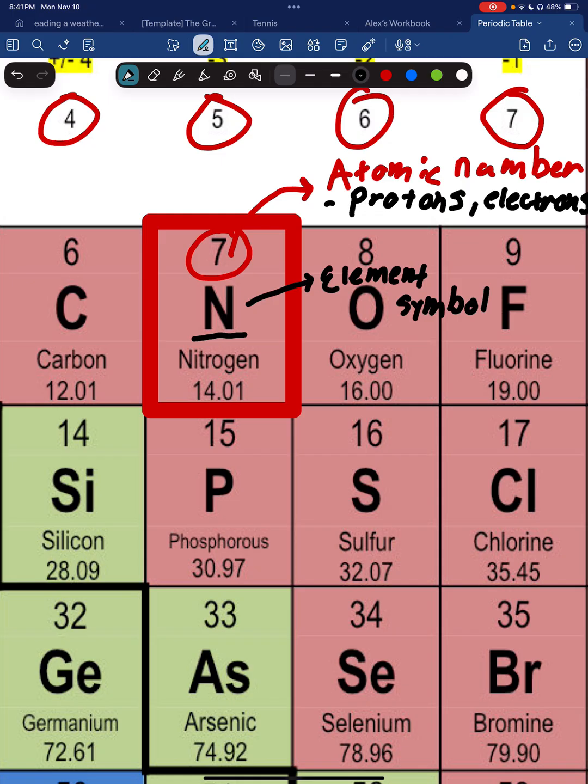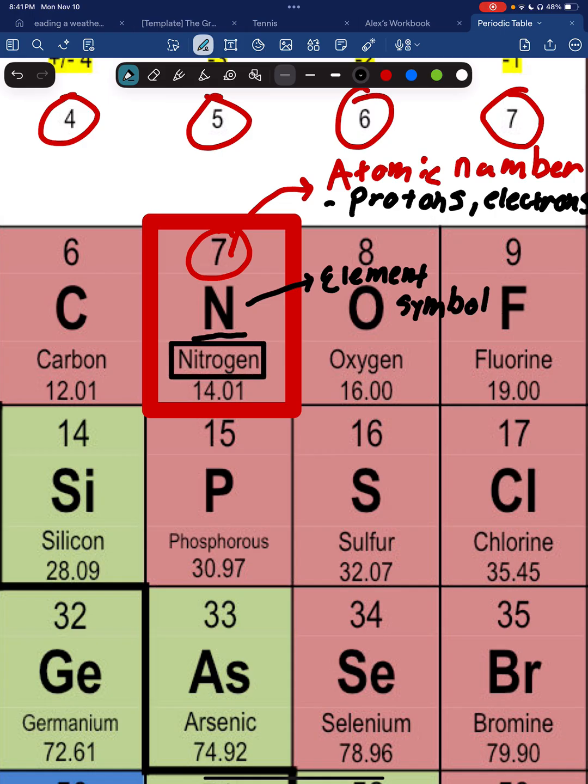Scientists think really fast, but they're also lazy and efficient, so they want to shorten things up as much as they possibly can. So they give things symbols. This N stands for nitrogen. And here is the word nitrogen below.